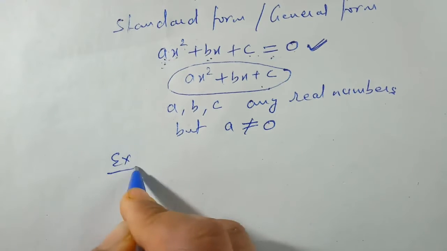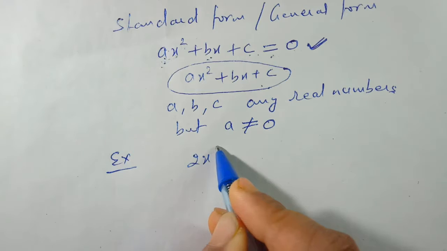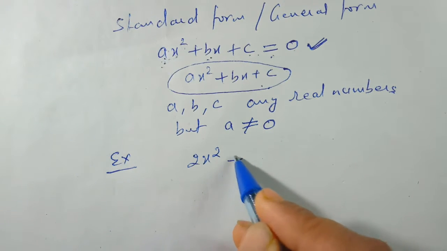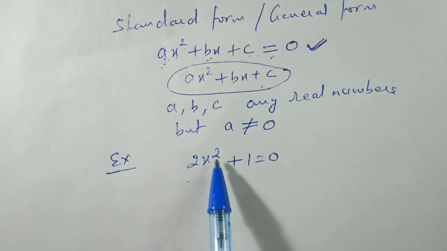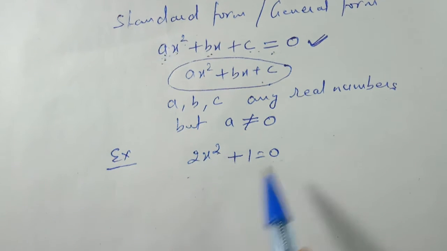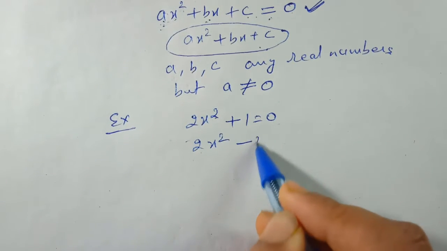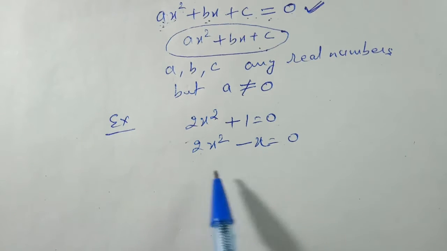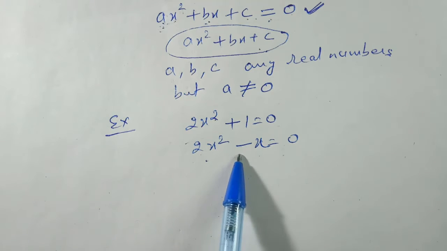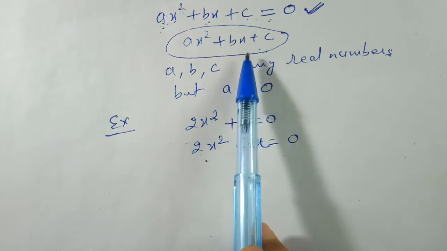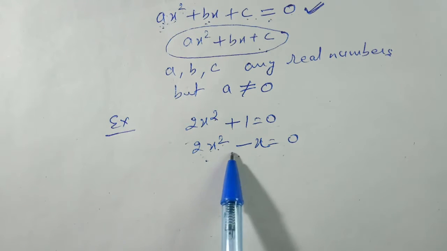Now let me write some example equations. If I write 2x square plus 1 equal to 0, then this will be called a quadratic equation. Why? Because it has degree 2. If I write 2x square minus x equal to 0, then also it will be called a quadratic equation, though it is not in the proper form as in the general case, but due to the degree 2, it is a quadratic equation.